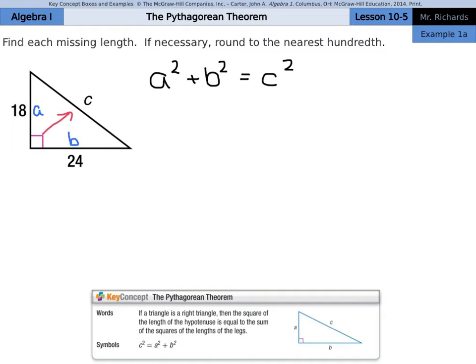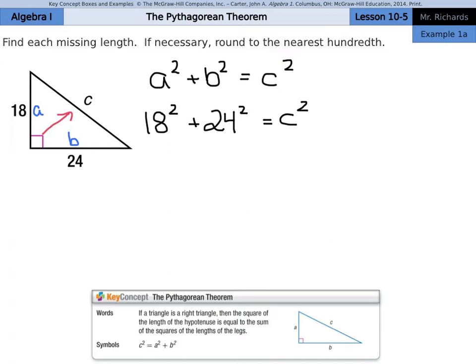Now we substitute numbers in. For a, we can just put in the 18 squared, plus b was 24 squared, equals c squared. Quite frankly, you can interchange your a and your b. You could call a 24 and b 18.